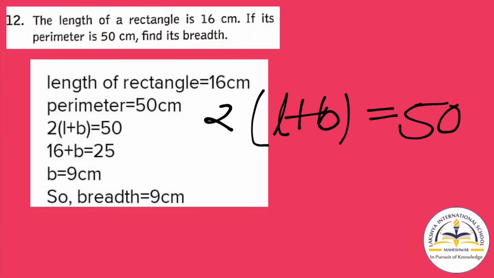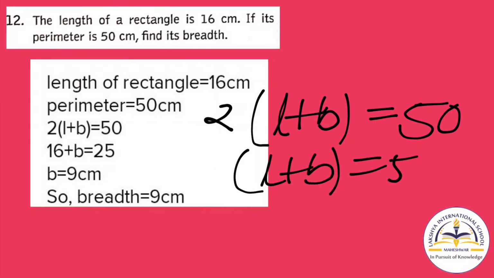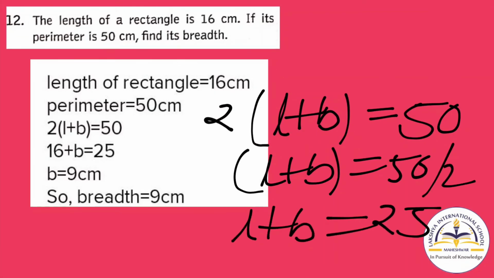So let me solve, 50 divided by 2, it means L plus b equals 25.